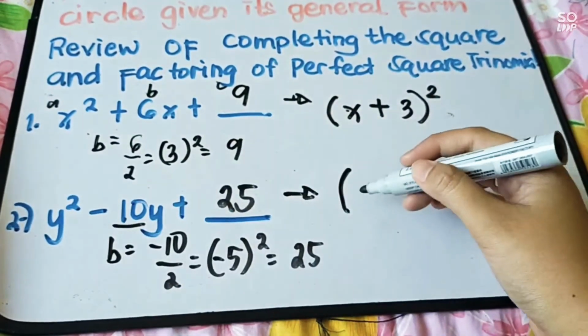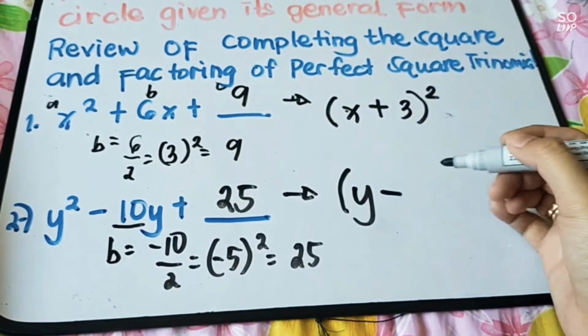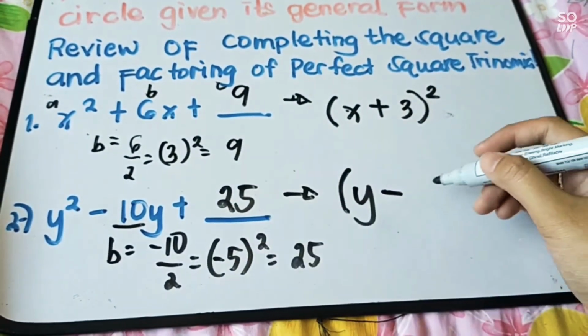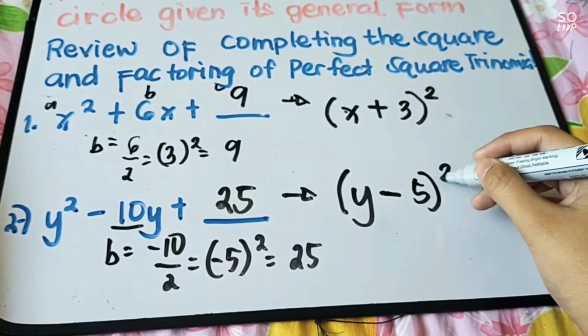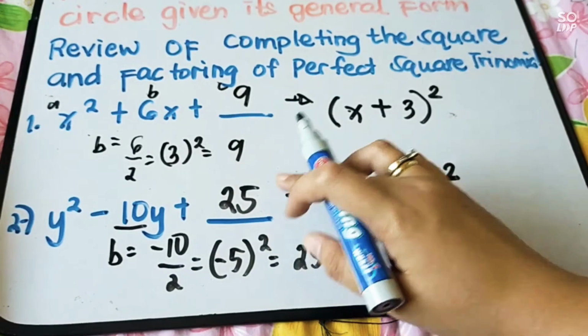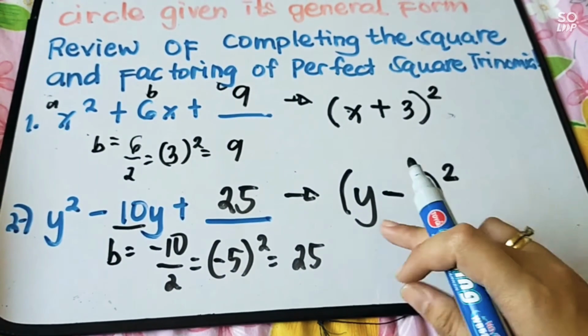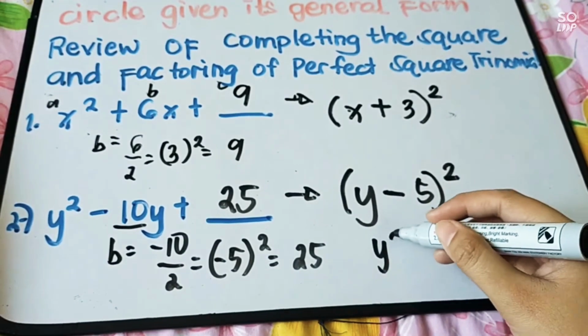The square root of y squared, we have y. Then, the negative, just copy. Then, the square root of 25, we have 5. Then, squared. That simple. So, if you want to check this, go back to the squaring of a binomial. What is the square of y? We have y squared.